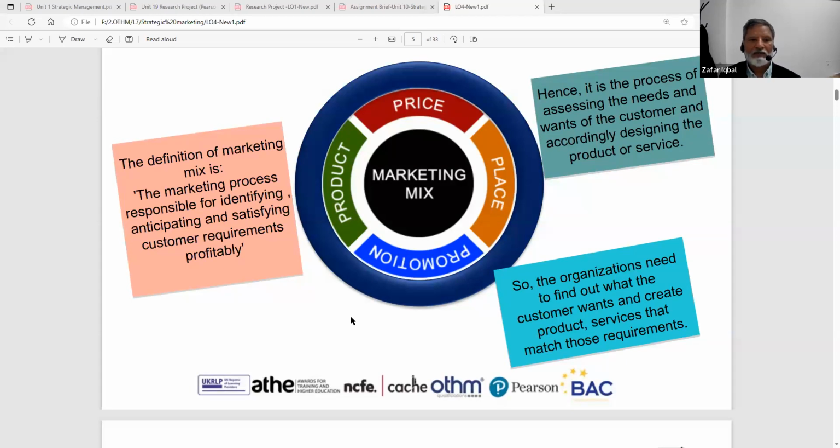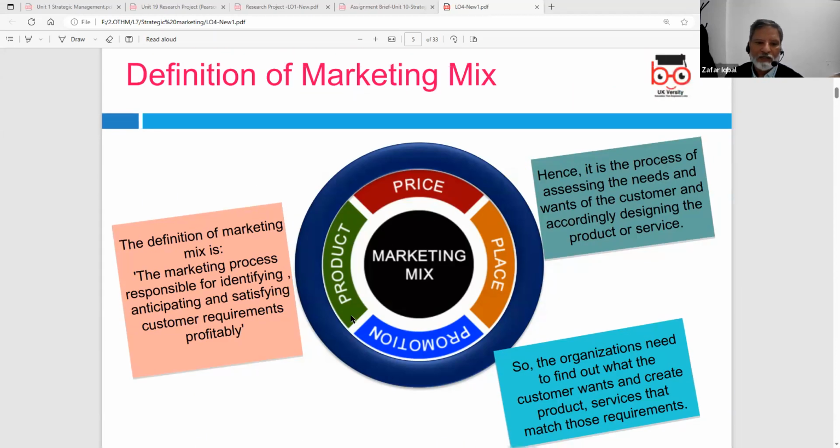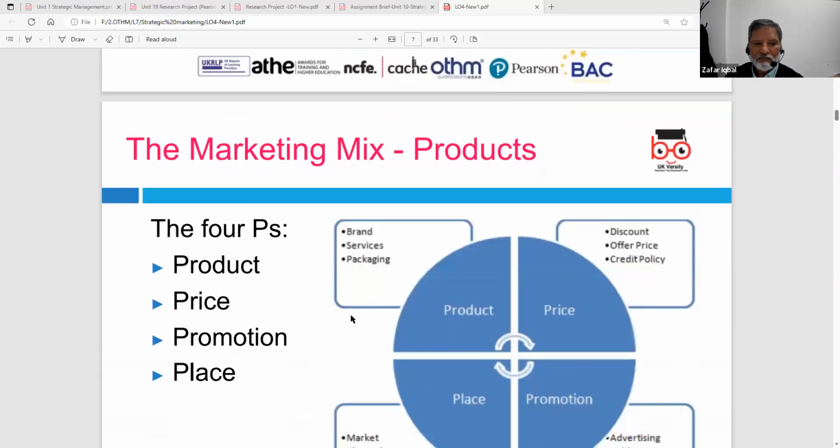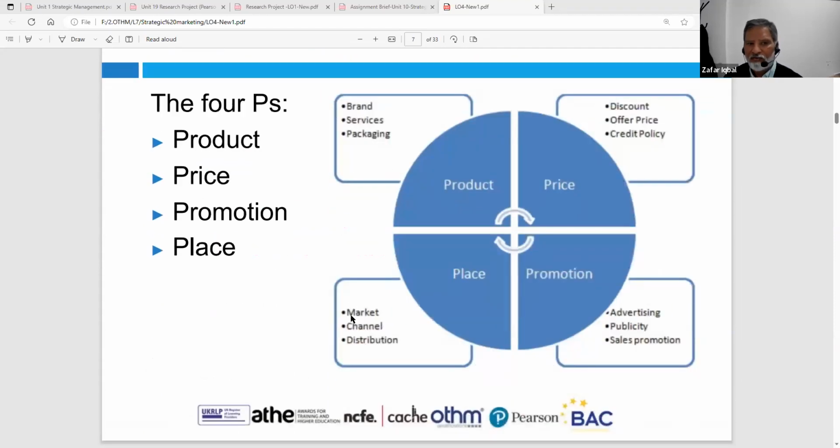Now, let's take the element of the product. The product consists of the physical attributes, the physical makeup of the product. It can consist of a brand image as well, and a design.